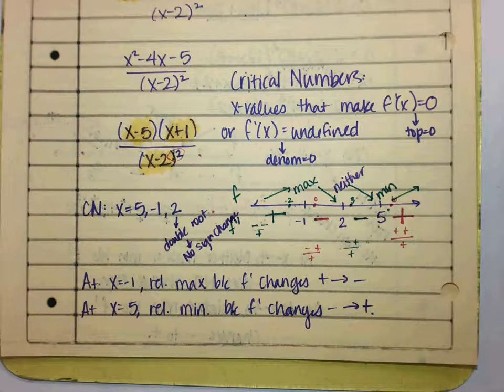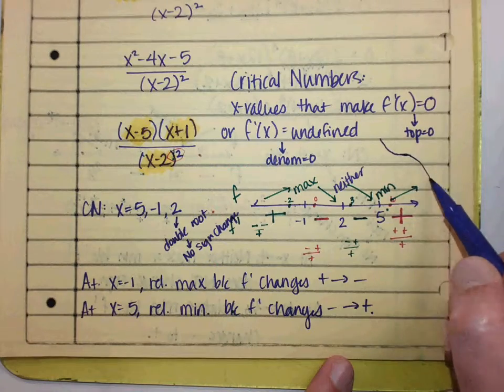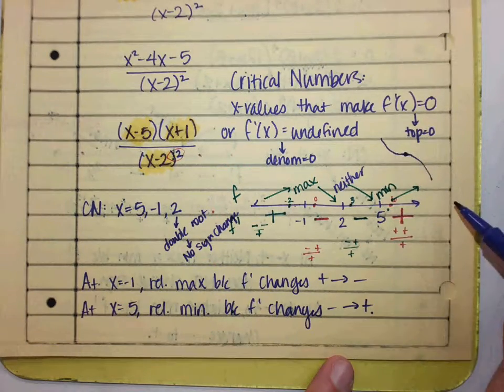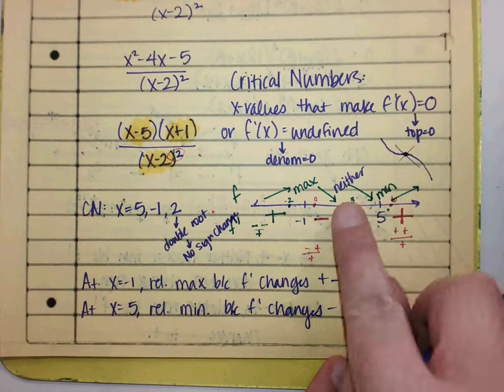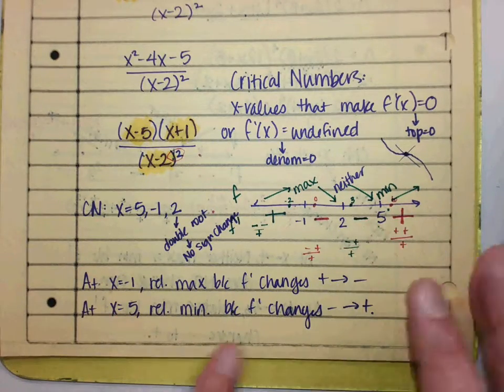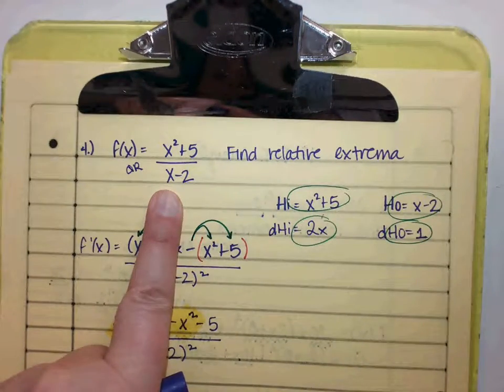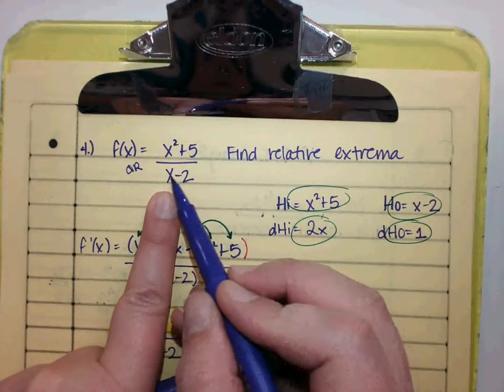Okay, the other thing I want to talk about is what happens at 2. So sometimes with your neithers, your graph goes down, then it flattens out, and then it keeps going down. That's one type of neither. That is not what happens here. Think about it. If I were to plug in 2 to my original equation, 2 minus 2 gives me a 0 on the bottom.